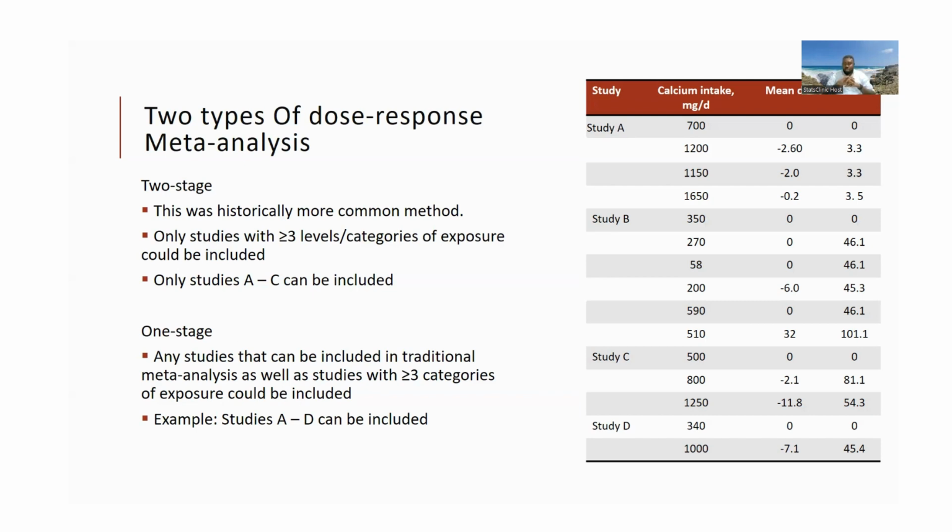So in the 2-stage meta-analysis, you would only be able to include studies A, B, C because they have 3 or more levels, okay? While for the 1-stage meta-analysis, you can include all these studies. And so the 1-stage meta-analysis allows us to incorporate as much data as we need to incorporate, everything. We don't have to throw any data out.